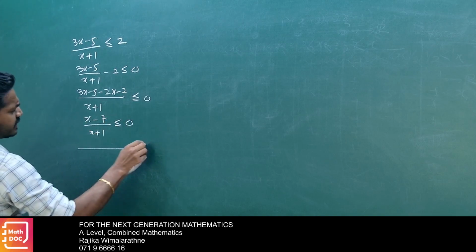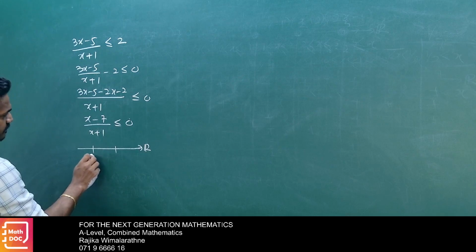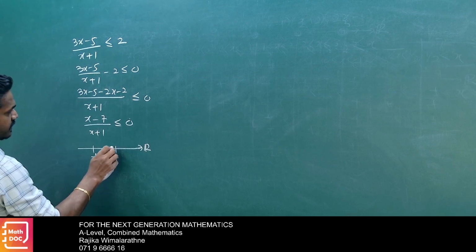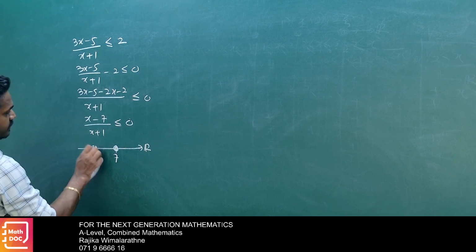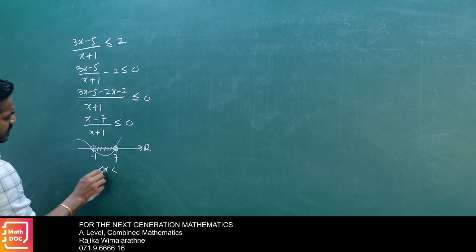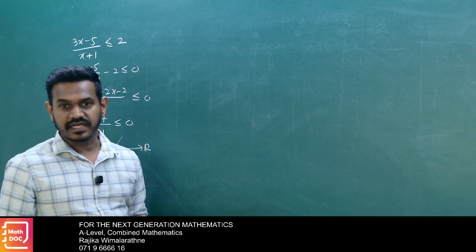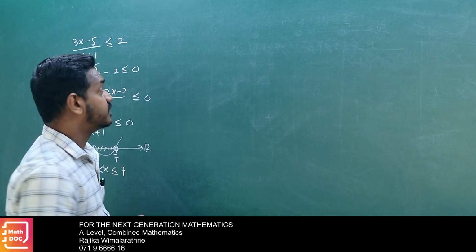So we have equality here. Denominator zeros have to be removed. Minus 1 and 7: equal for 7, not for this. The negative region is here, minus 1 to 7 with equality at 7. Final answer you write within curly brackets.